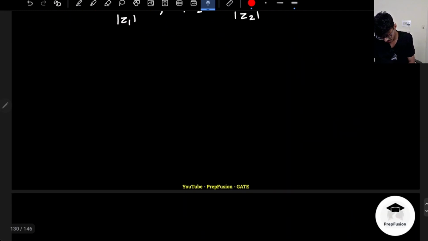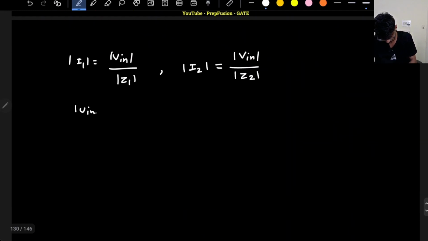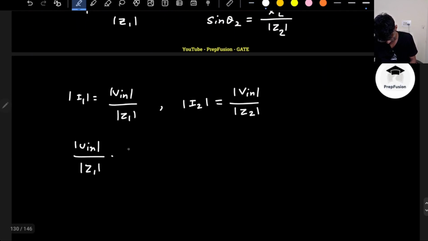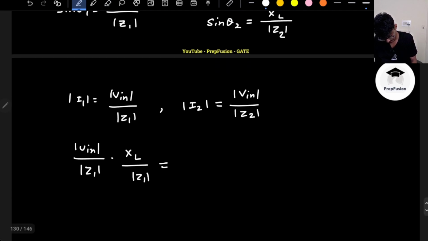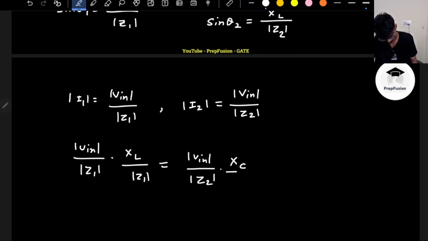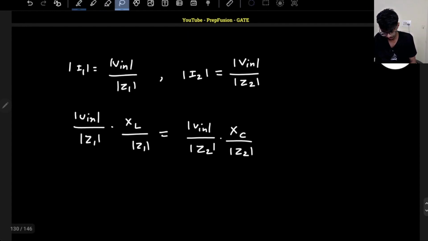So this will be magnitude of Vn divided by magnitude of Z1, into XL divided by magnitude of Z1, the sine theta one, and this will be magnitude of Vn divided by magnitude of Z2, into Xc divided by Z2.